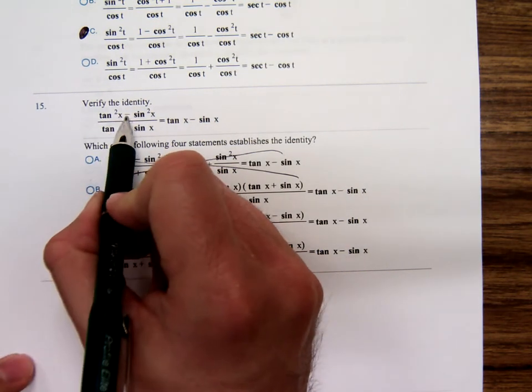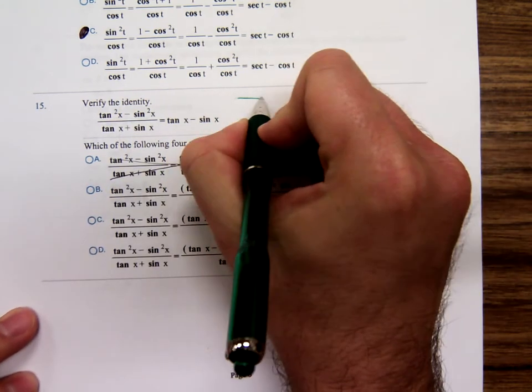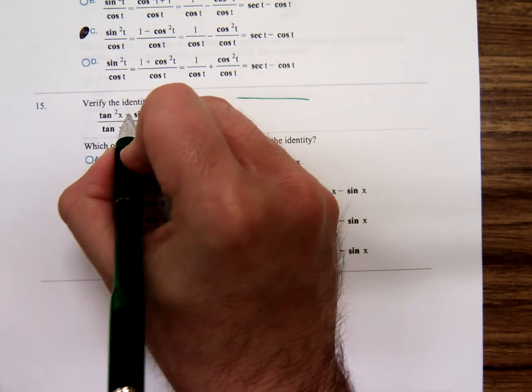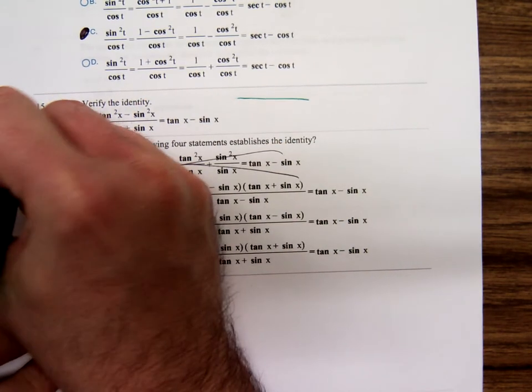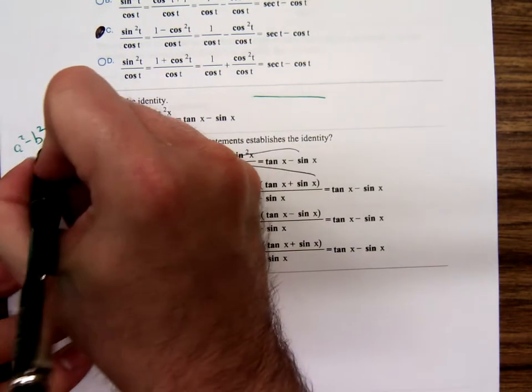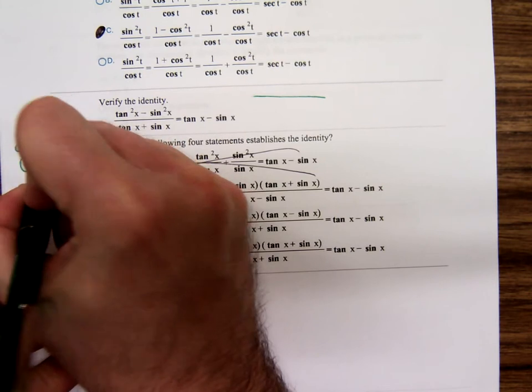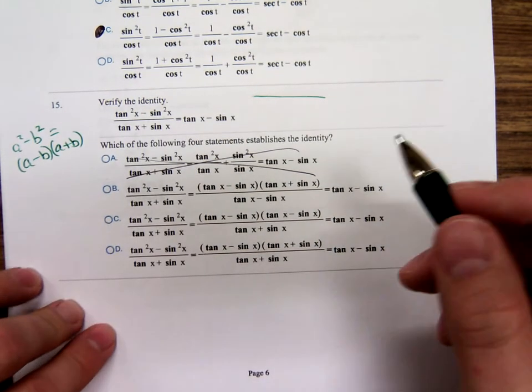So this tangent squared x minus sine squared x, you would have to factor that as a difference of squares. Do you remember how to factor something like a squared minus b squared? It would be a minus b times a plus b. That's how I'm going to factor tangent squared x minus sine squared x.